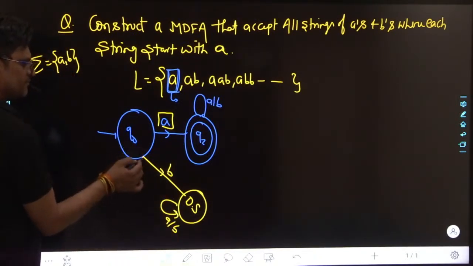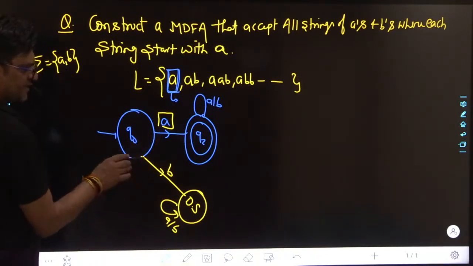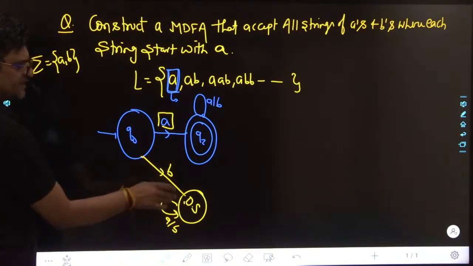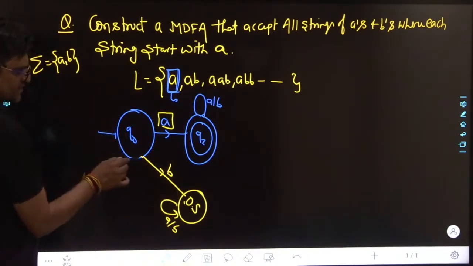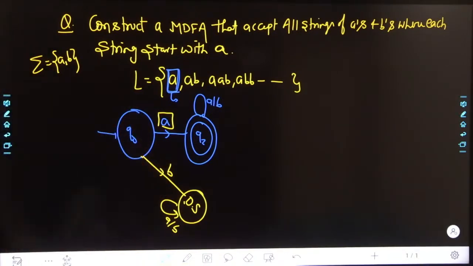Whenever B comes before A, it always goes into the dead state. So this machine never accepts those strings which start with B. Clear? So this is the minimal DFA for the given language. Is it clear?